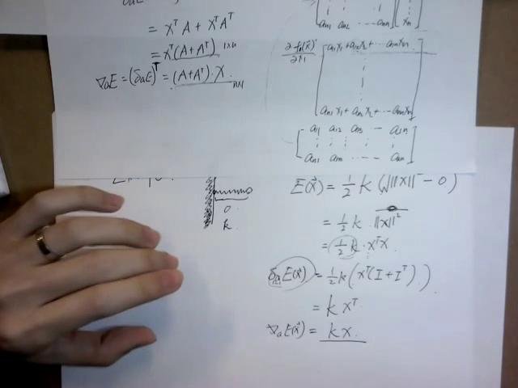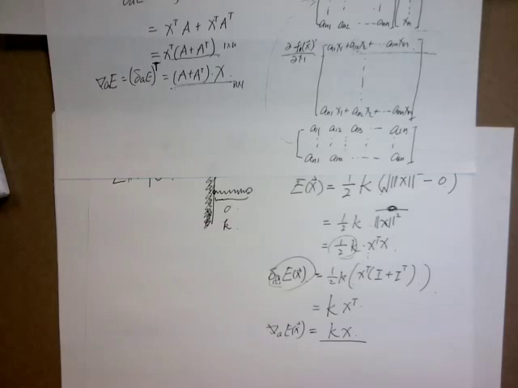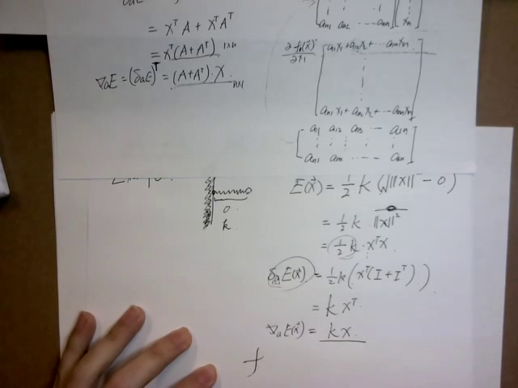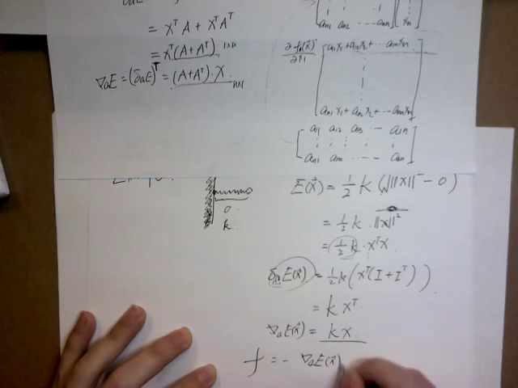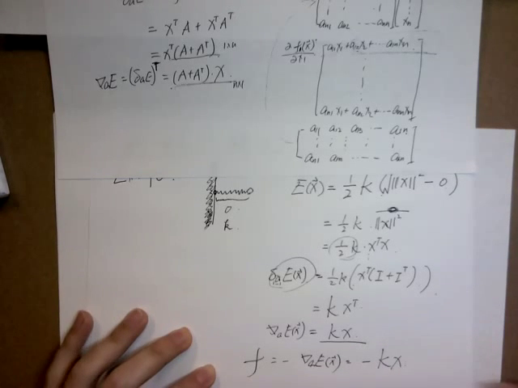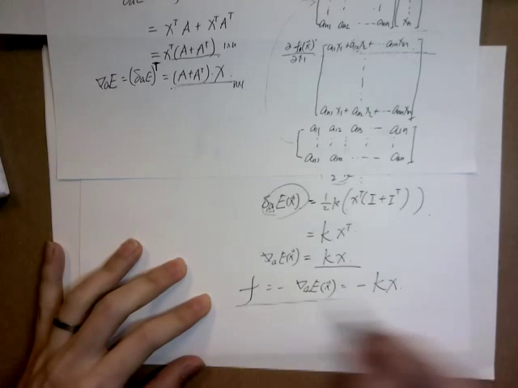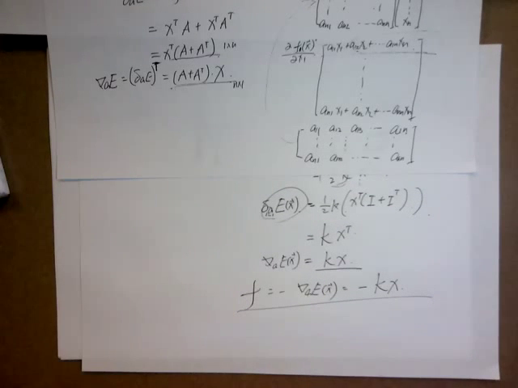And if you still remember the gravity energy that I took, the spring force is the negative gradient of E, so it becomes negative Kx. This is exactly Hooke's law.